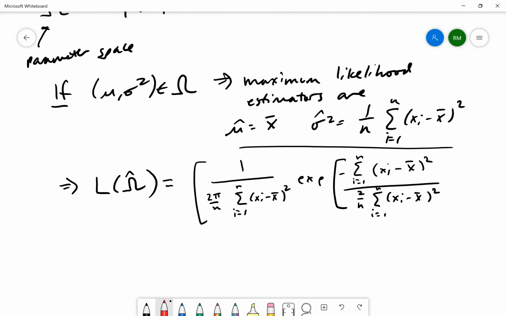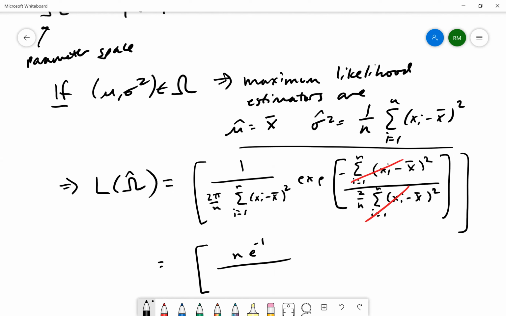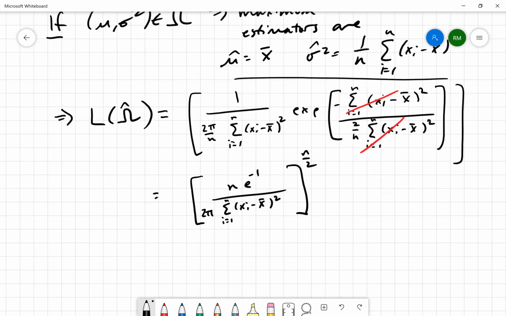We see that these cancel out. And what we're actually left with, if we do a little bit of simplification, is this lovely expression right here.